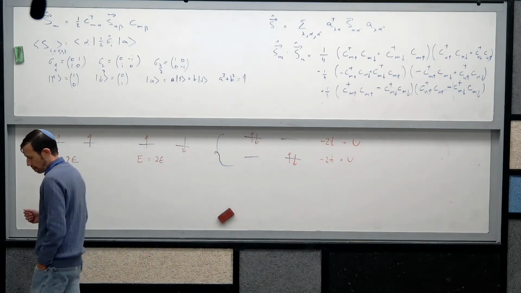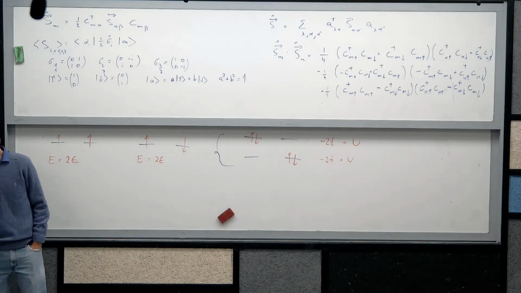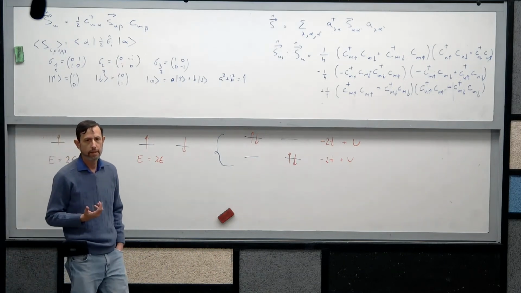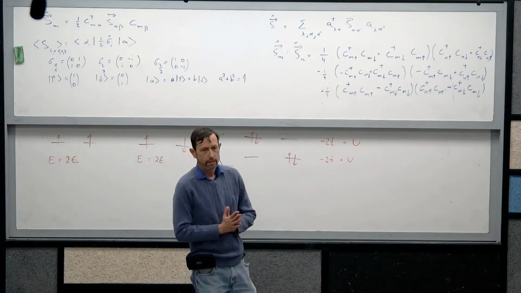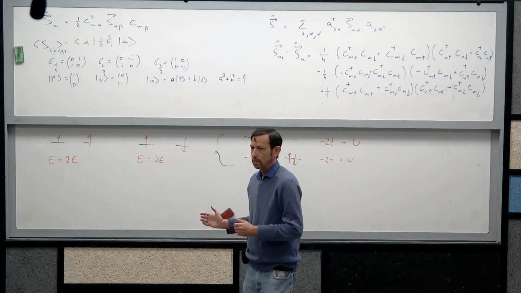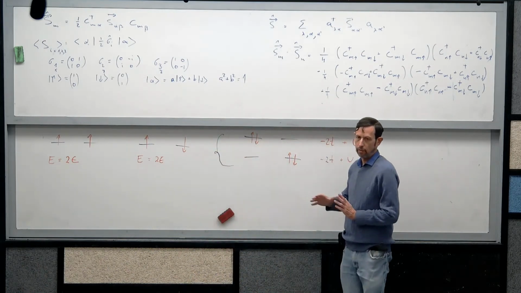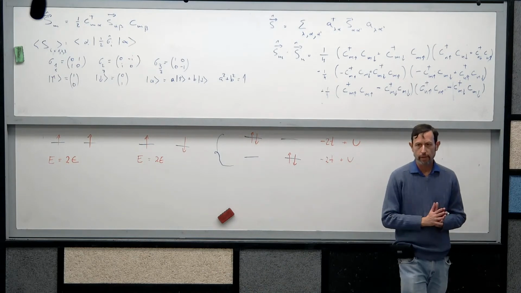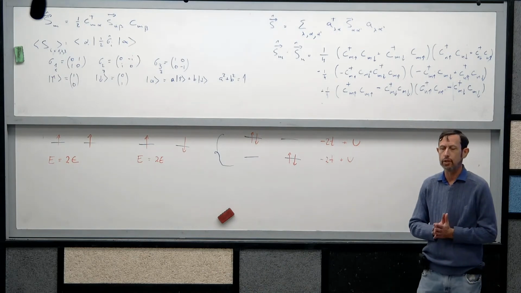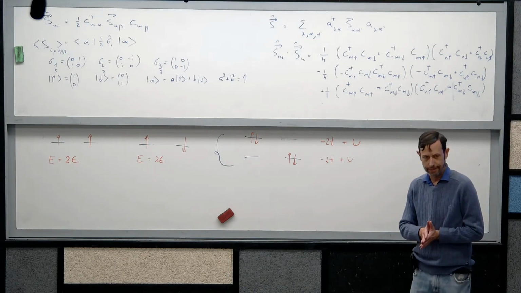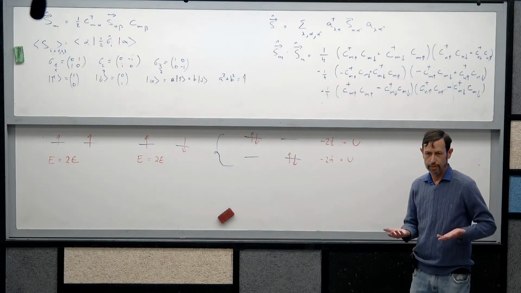Okay, so basically we got here the simple Coulomb interaction. There are two additional phenomena in condensed matter where you have interactions that are, I would call it, counterintuitive.